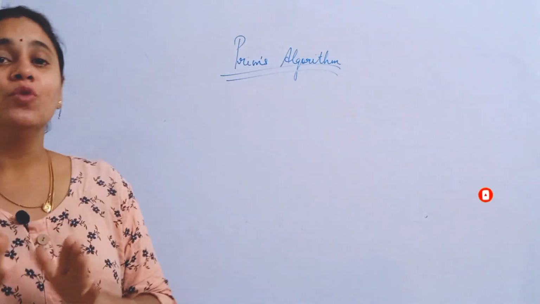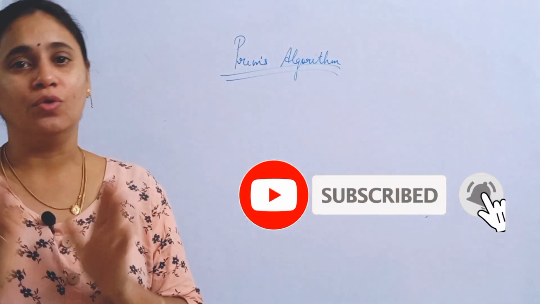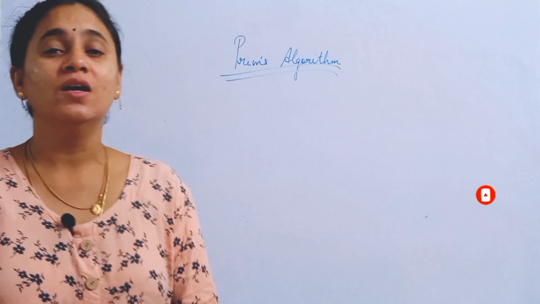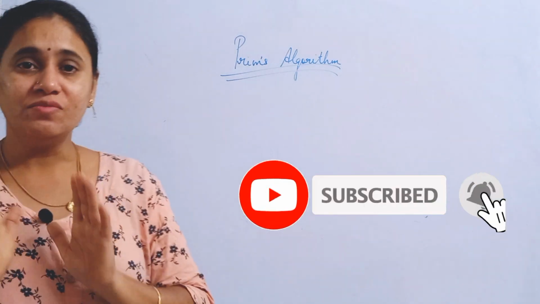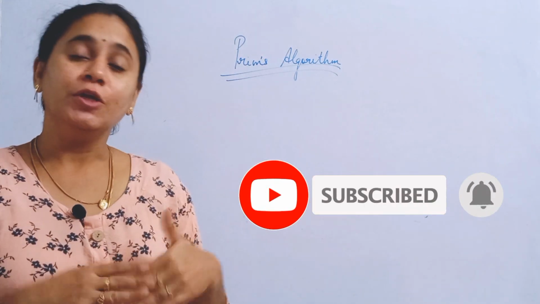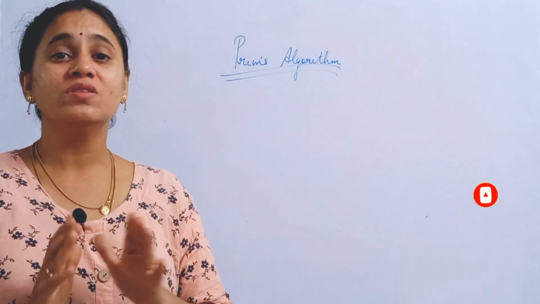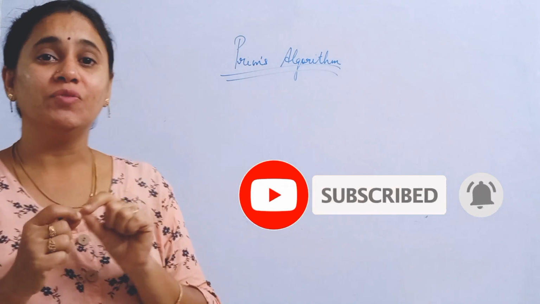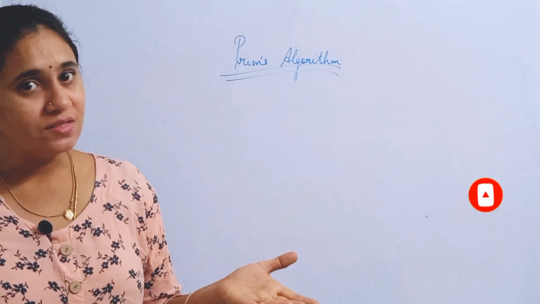Now I am going to tell you the steps we are going to follow. What is the first step? We start from any vertex. If a starting vertex is given in the question, you can start with that.